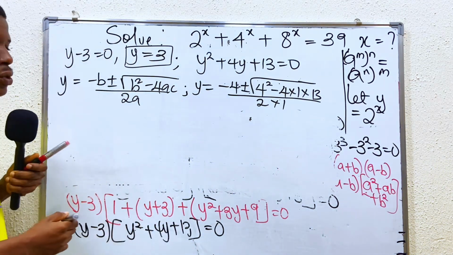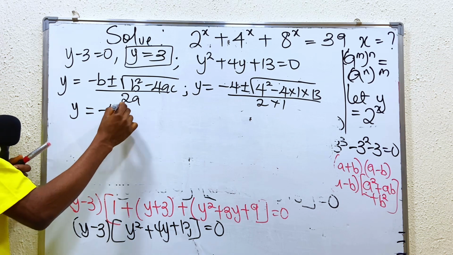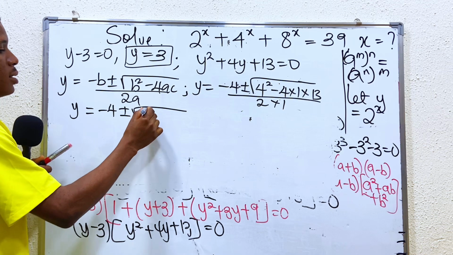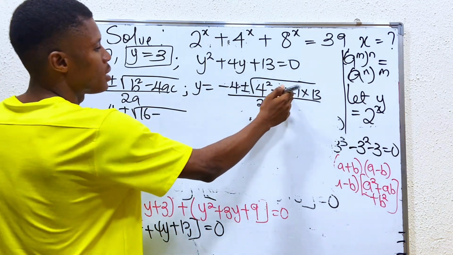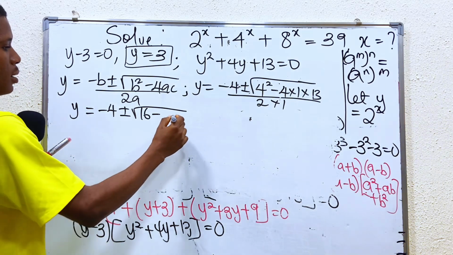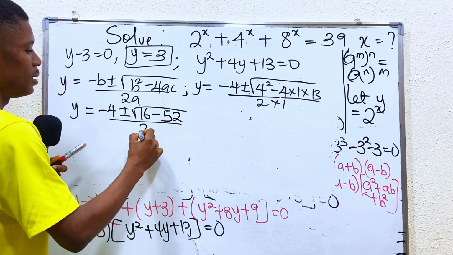Okay? This will give us that y is equals to minus 4 plus or minus the square root of 4 squared is 16, minus 4 times 1 times 13, which is 52, divided by 2.